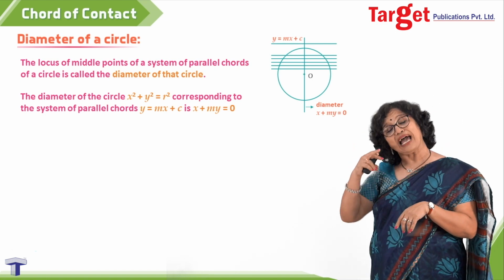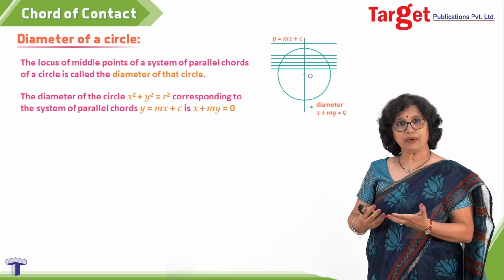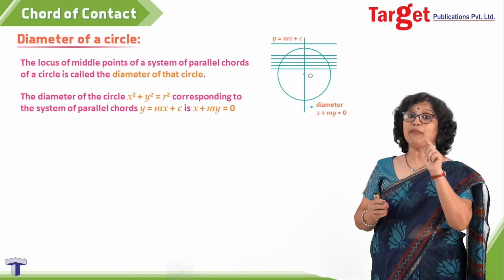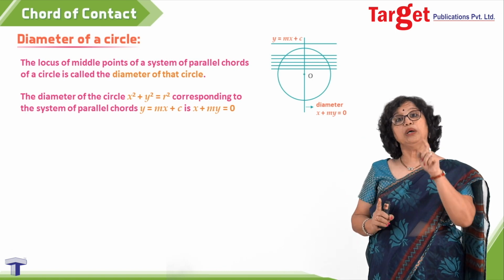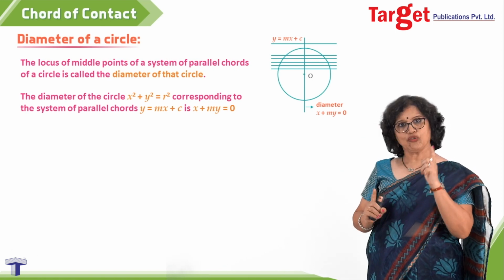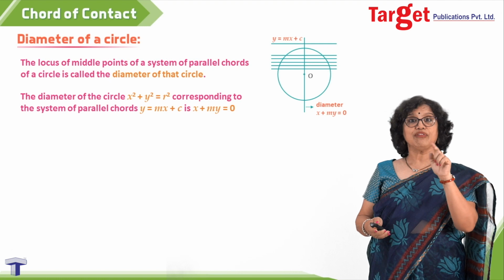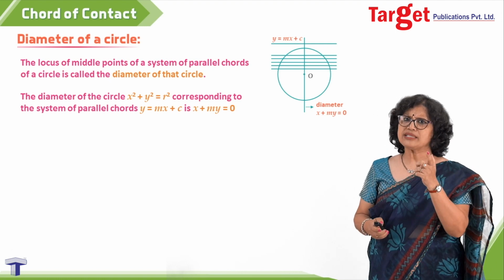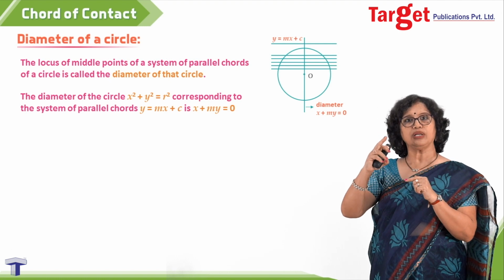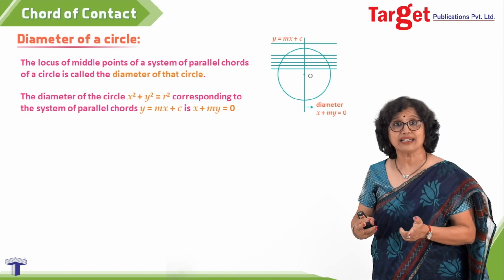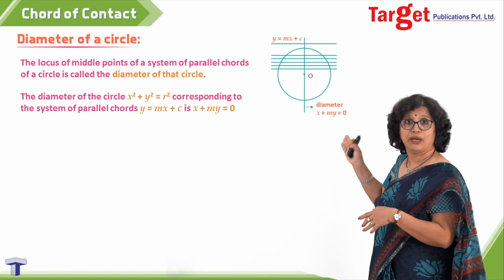Now what would be the diameter's slope? Why am I saying diameter slope is required? Because see, that diameter will pass through all the midpoints of the chords, and also it will pass through the origin. Why do I say so? Because from the center, if you draw perpendicular to the chord, it gets bisected, and we are talking about midpoints only.